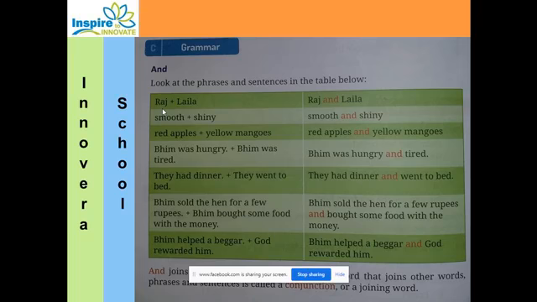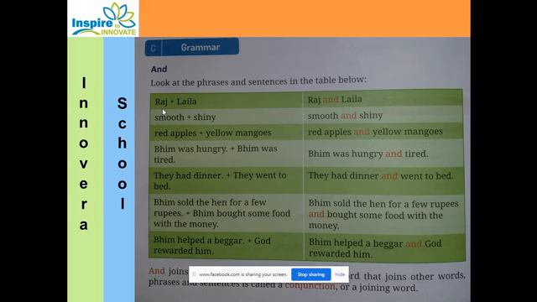Smooth and shiny. So we have removed the plus sign and used and instead. Red apples and yellow mangoes. In the same way, Bhim was hungry and tired. Again and again, we are not going to repeat the same words.